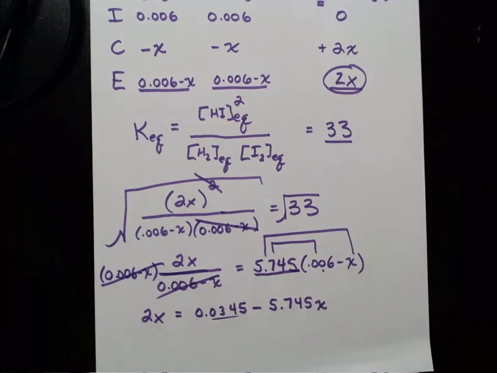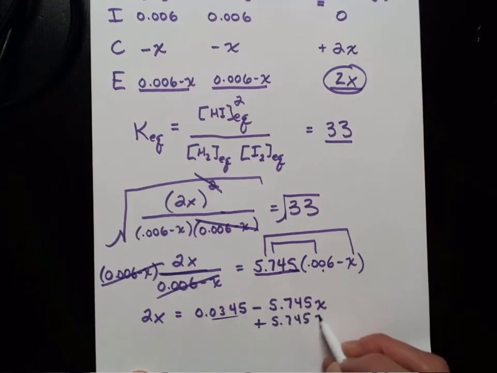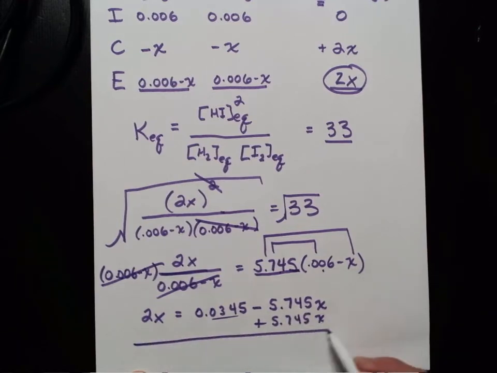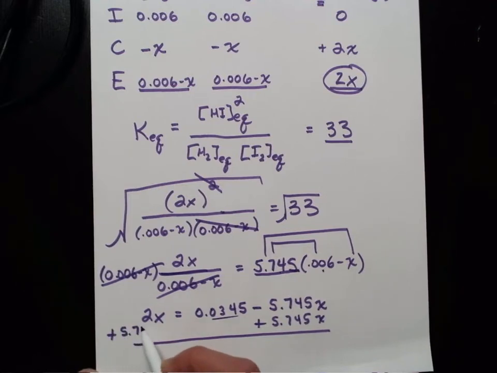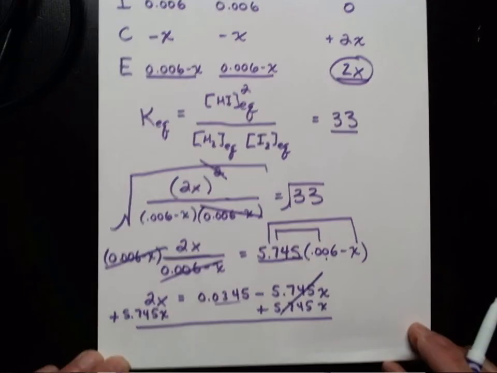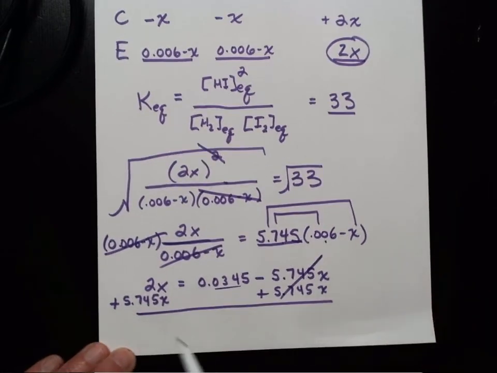All right, let's get all my X's on the same side. We'll add 5.745X to this side of the equal sign. And now we've got to do the same thing to the other side of the equal sign. That cancels. And I am left with, what's 2 plus 5.745?